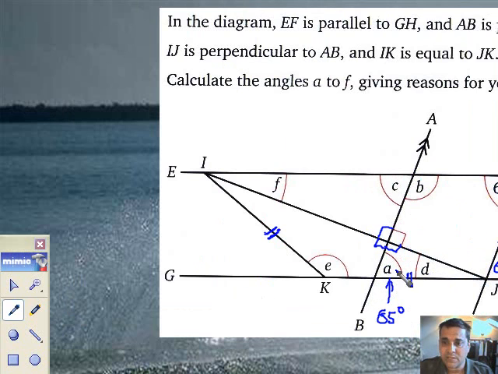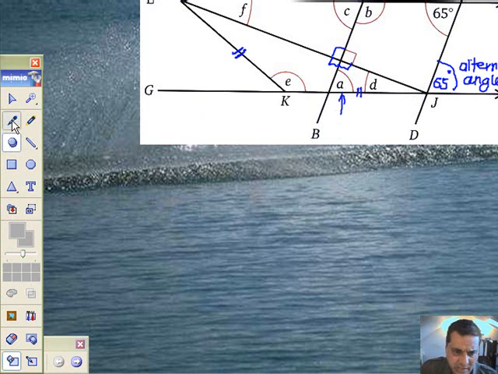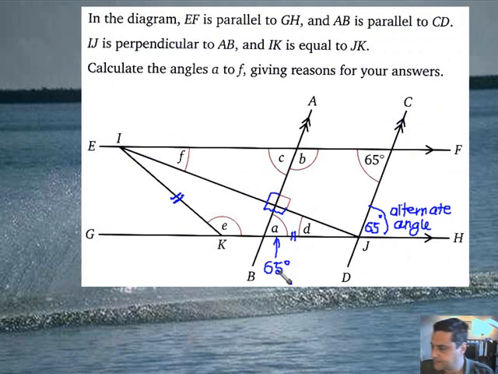I could say opposite angles are equal in a parallelogram. Then I can say 65 degrees straight away. I went down the alternate angle route and then I made that 65 corresponding to that angle A, which is also corresponding. Let me just tidy it up a little bit. So that's A done.